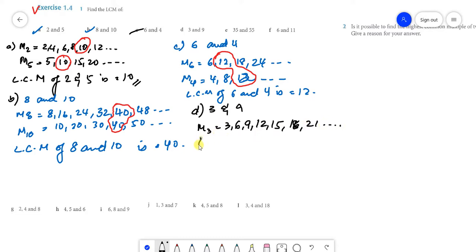And we write M9. 9 1s are 9, 9 2s are 18, and so on. We can already spot our lowest common multiple for both the numbers 3 and 9. So LCM of 3 and 9 is equal to 9.